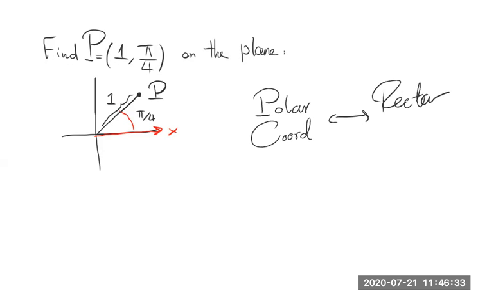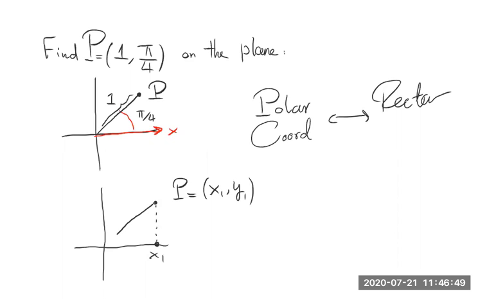So the idea is that if we are looking at a point P with coordinates x1 and y1, if this angle here is theta and this length is r, this side here is actually r cosine of theta, and this other side here is r sine of theta.